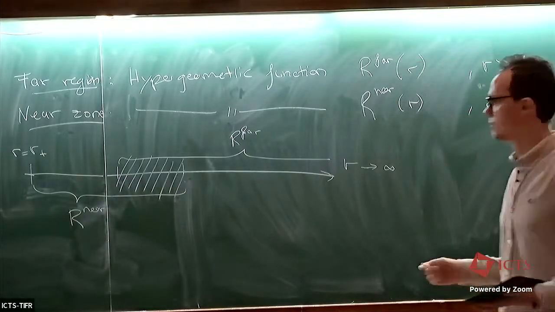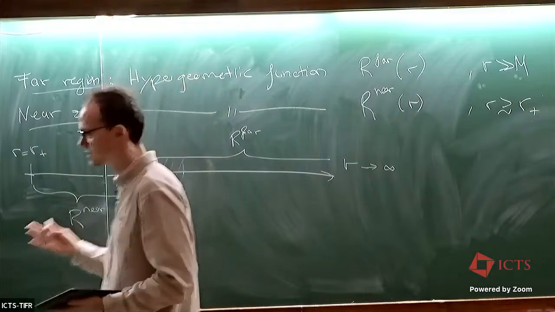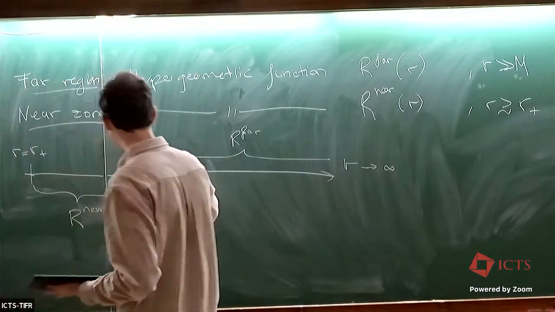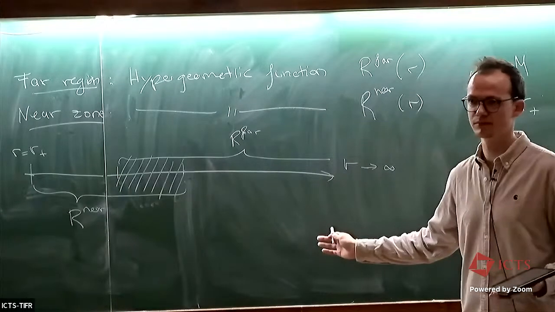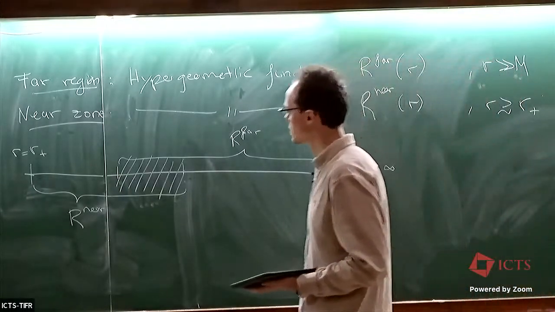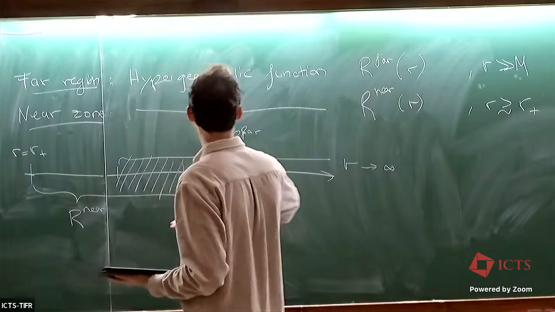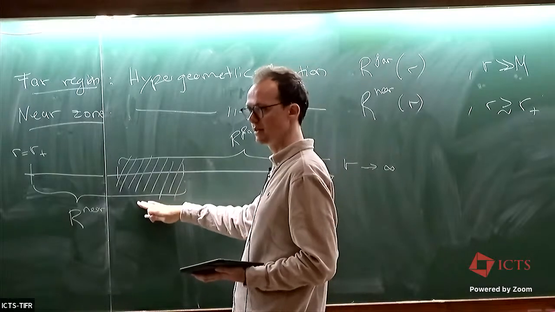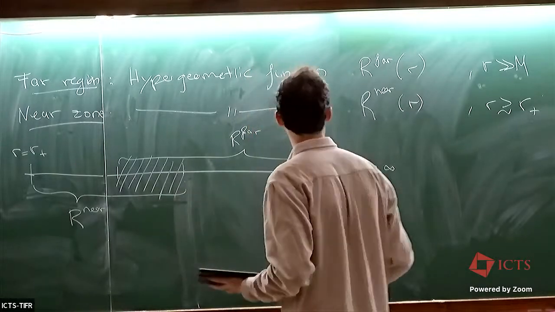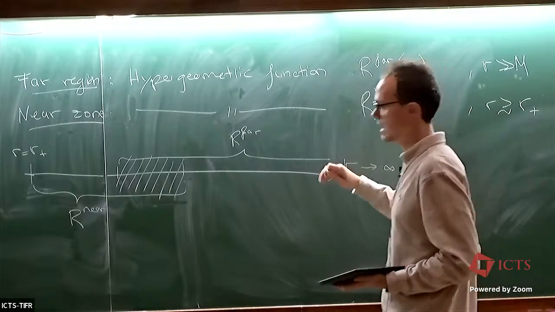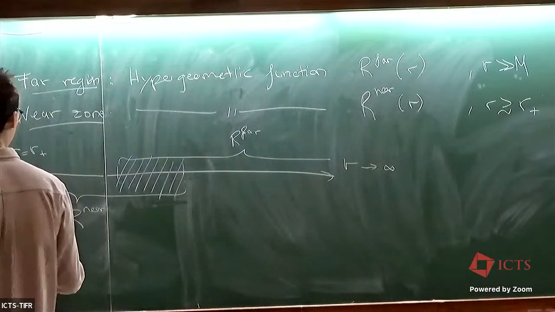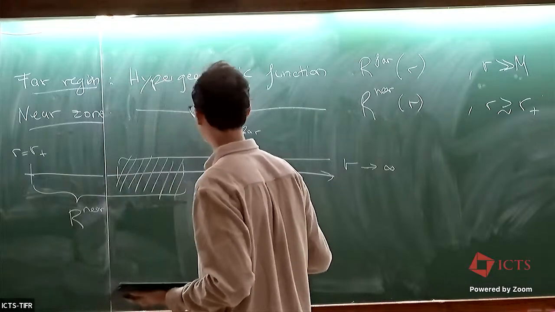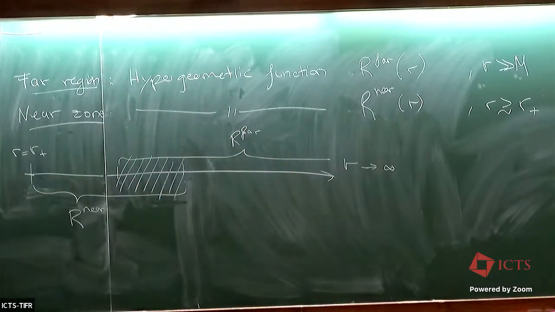But since they're both solutions, and in fact both solutions to the exact same equations, in this overlap region they should be the same. And so basically what we now have to do is write both solutions in such a way that we can functionally compare them in this overlap region. And then by comparing them, we get an equation that is an implicit equation for the eigenvalue that we're seeking.